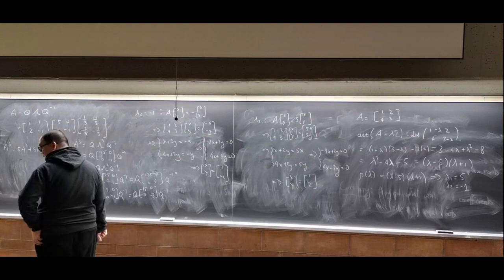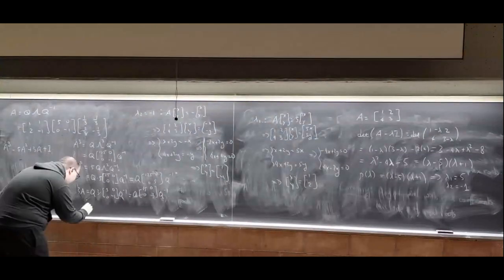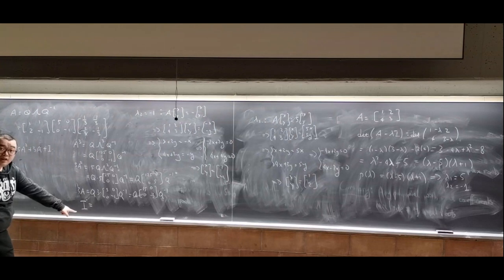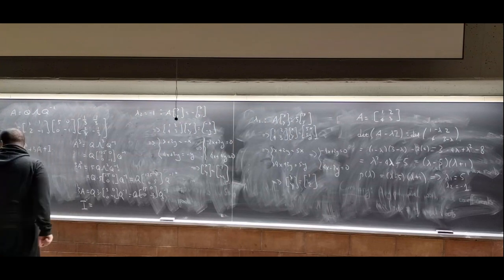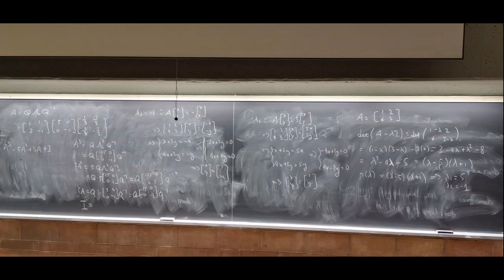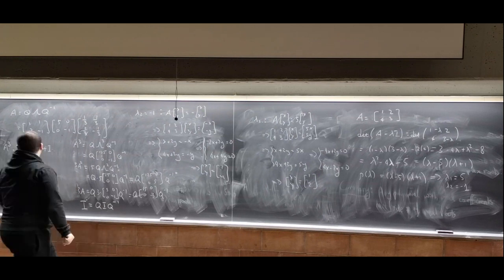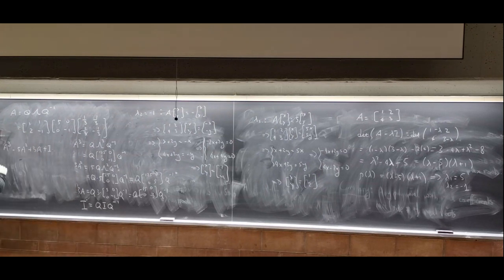And what is I? Well, I, can you guys see down here? You guys can see down here, right? Yeah, we can see it. Okay. So I is just going to be Q times I times Q inverse. So what does this equal?